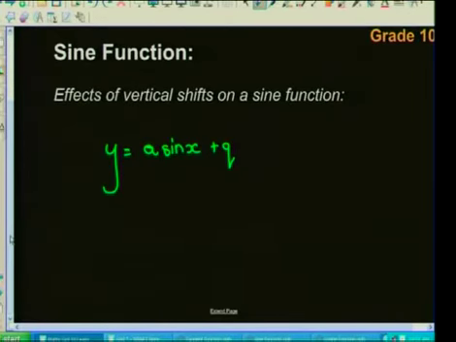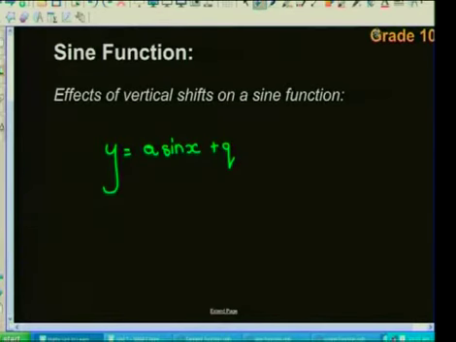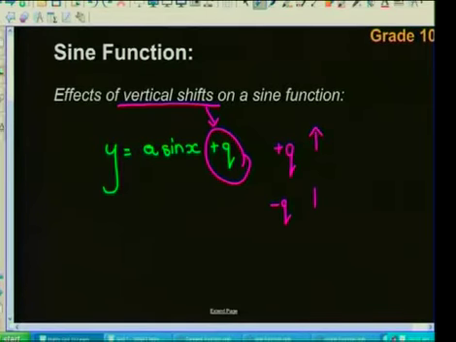We've discussed that this has an effect on our amplitude. Now what about vertical shifts? That means we're looking at our q value. If we are adding q, it means our function is shifting up by that amount, and if we are subtracting q, it means our function is moving down.